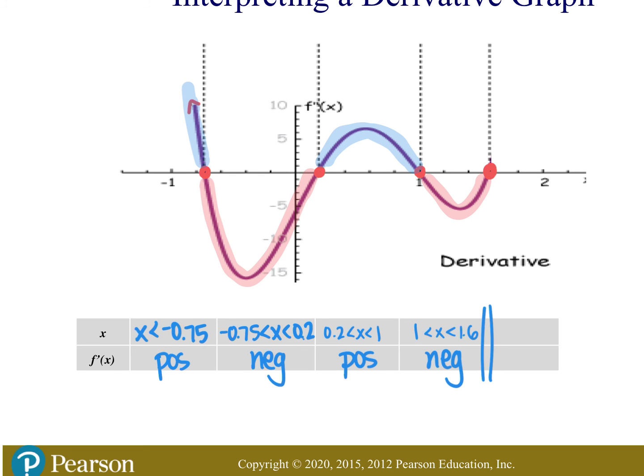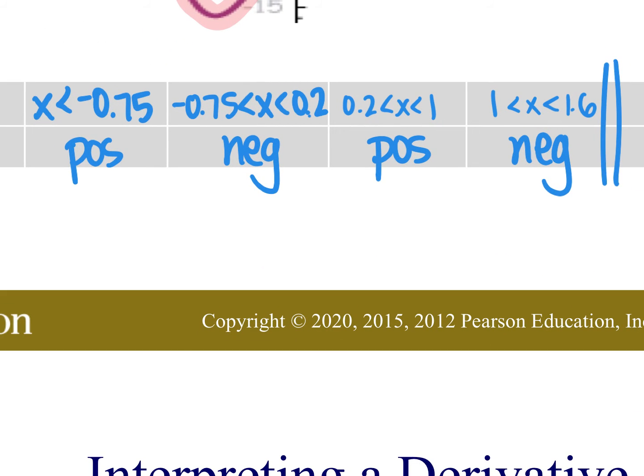Once I've got that set, then I can answer all my questions. Because I know that every time a positive changes to a negative, I have a local max. And every time a negative changes to a positive, I have a local min. And I trust that every time a positive changes back to a negative again, I have a local max.